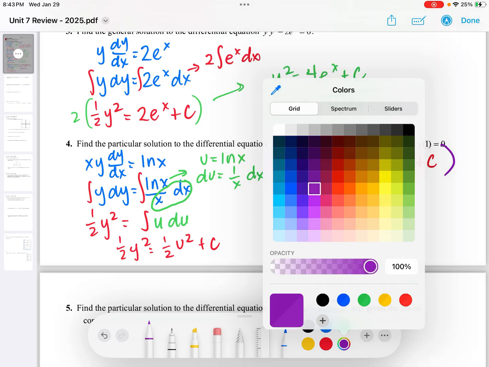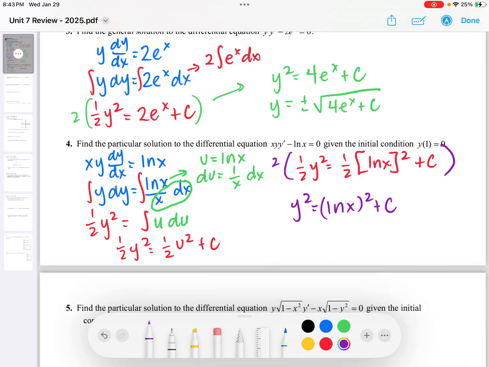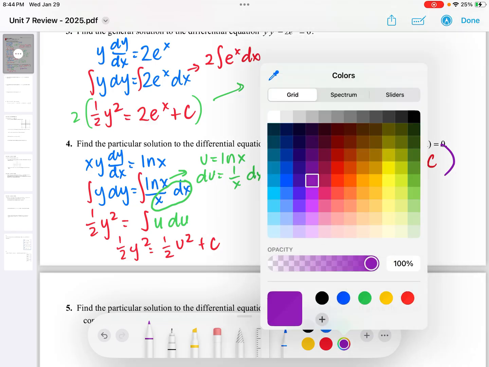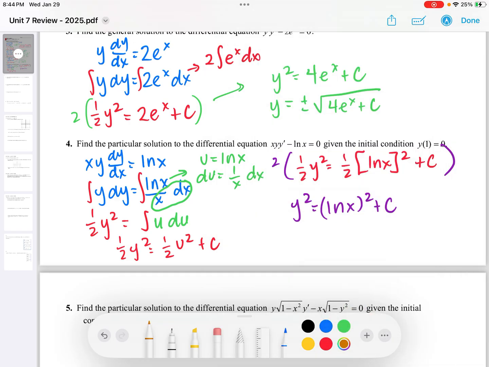I'm going to do it right here in this step, because I don't want to have to deal with the square root if I don't need to. So I'm going to plug in 1, and I'm going to get an answer of 0. So my y value is 0 when I plug in 1. My natural log of 1 is 0, so this whole thing is going to cancel out. So 0 equals c.